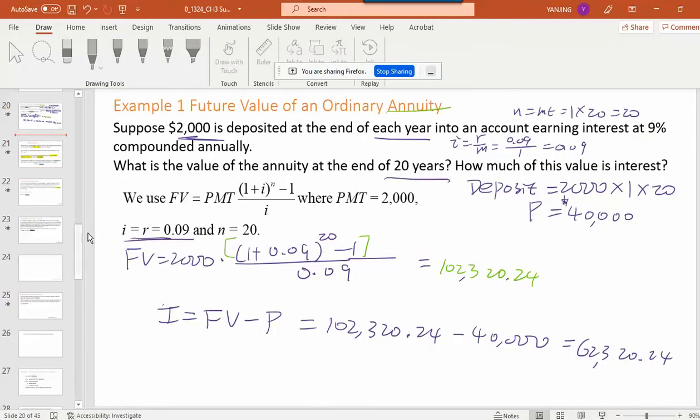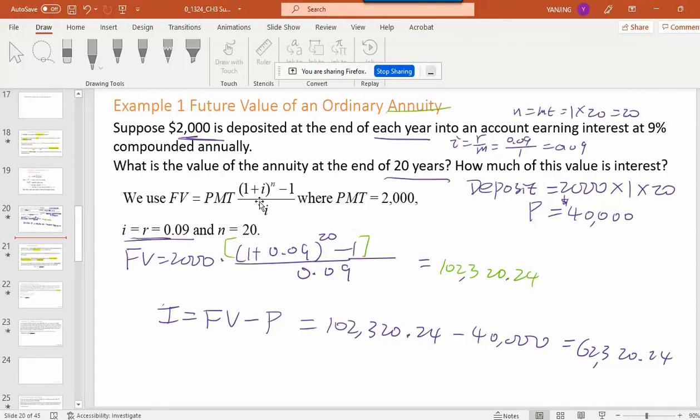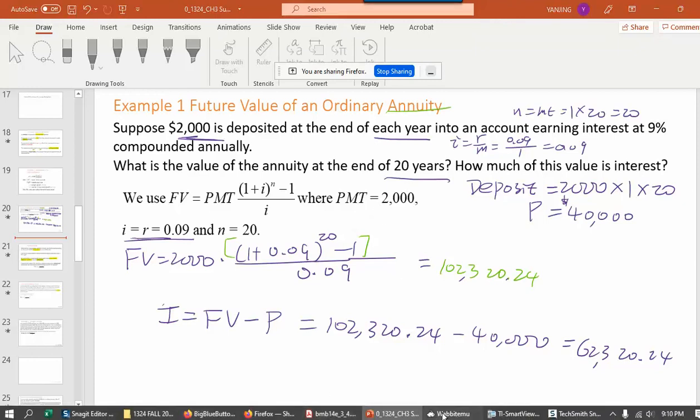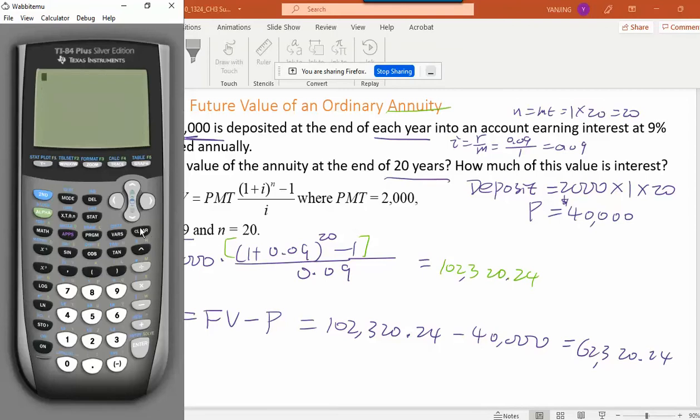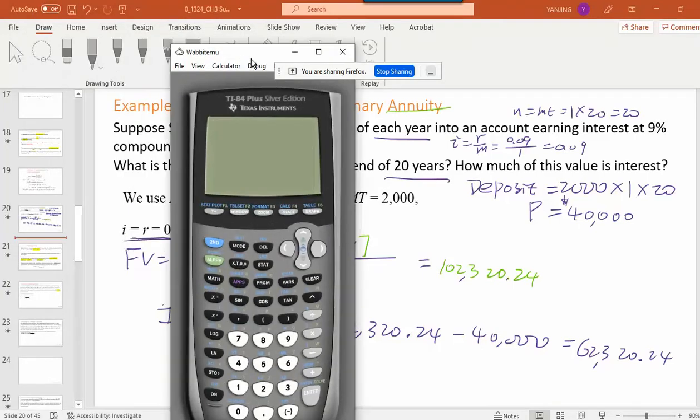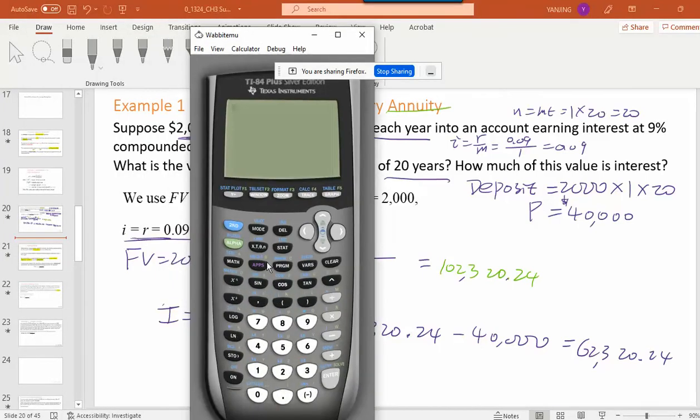Okay, the good news is I'm going to show you how to use an app in the calculator for this, because when you have this kind of annuity, there's an app in the calculator, right? So let me go ahead and show you the app in here if you don't want to use the formula. Okay, go to app and then finance. Use the first one, TVM solver.